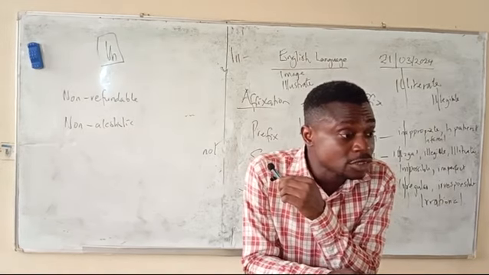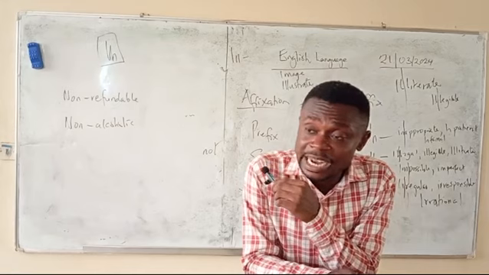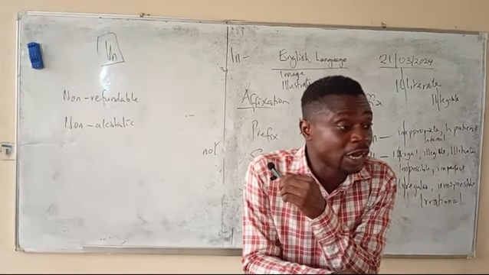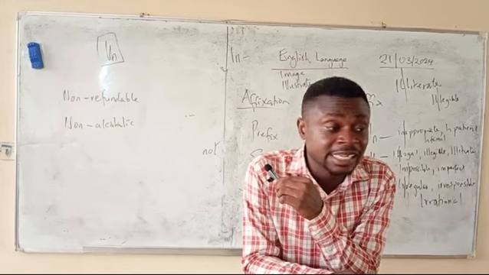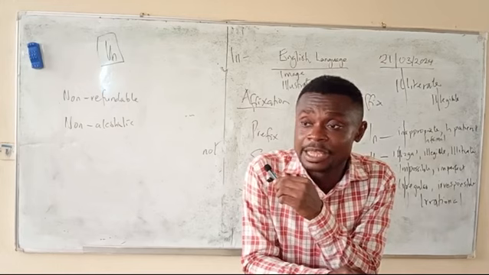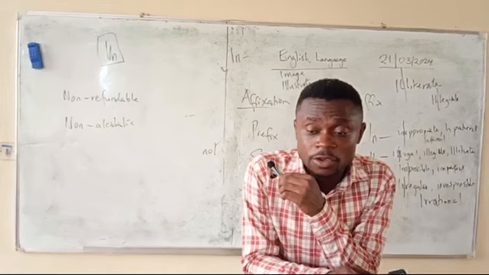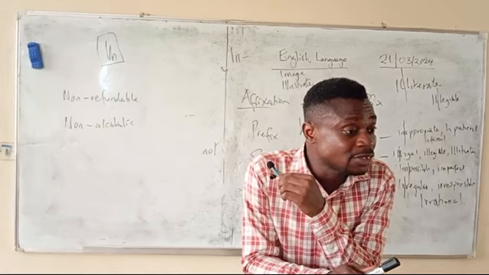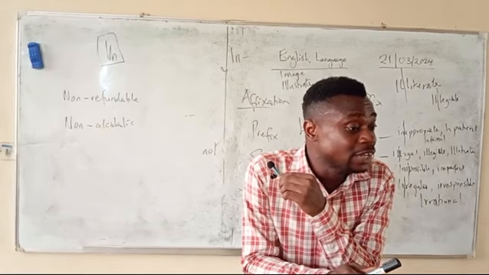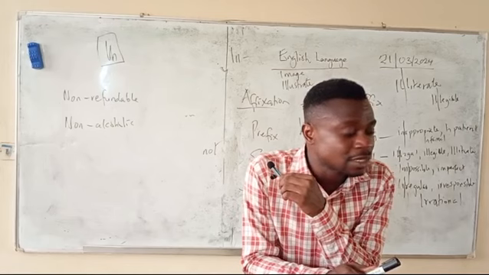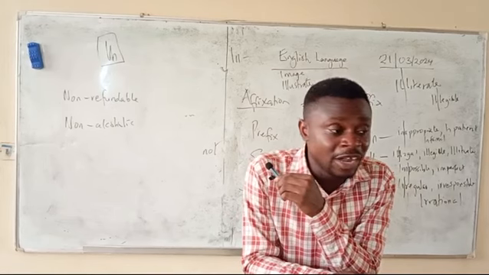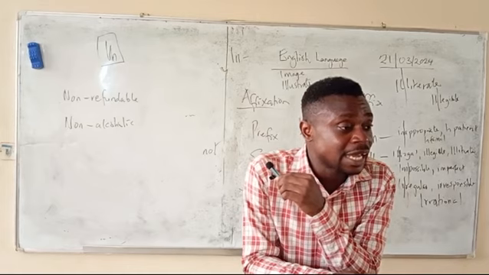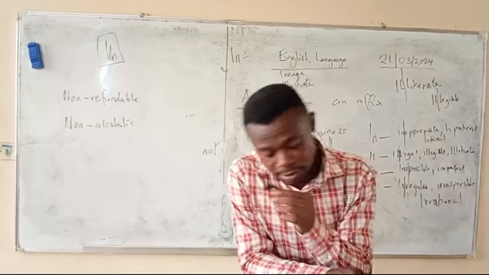If you can say that something is an alcoholic drink, that means you can also say another thing is non-alcoholic. The Coke you drink, is it an alcoholic drink or non-alcoholic drink? It's a non-alcoholic drink. So non-alcoholic is an adjective.